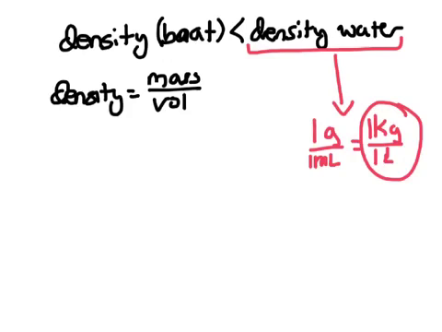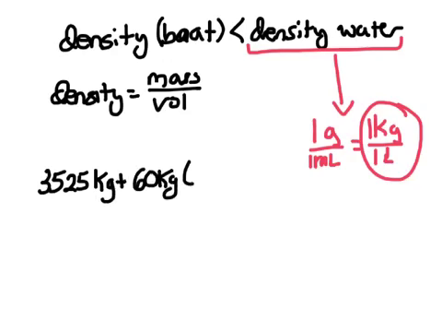Okay, so let's look at our numbers. That means that the mass of our boat, which is going to be 3,525 kilograms plus 60 kilograms, that's how much a person weighs, times x. X is whatever number of people we can carry. We don't know. That's what we're trying to find out.